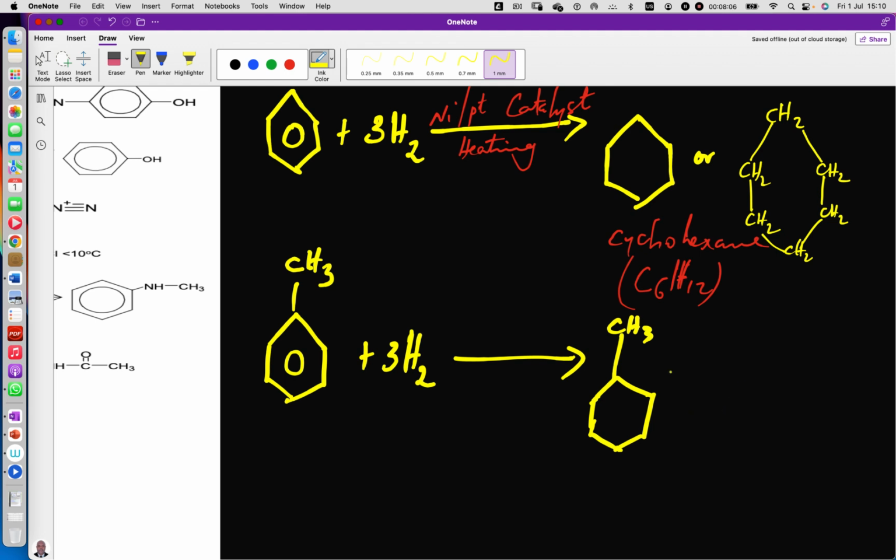You can call it a cyclomethyl benzene. The formula of this one is C6H11CH3, because one hydrogen has been substituted with CH3.